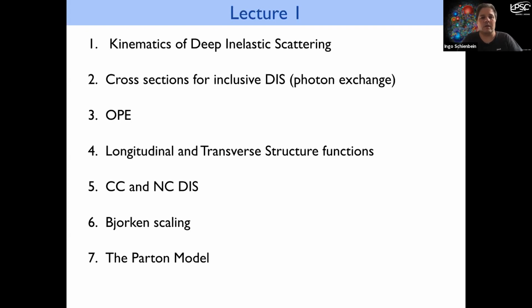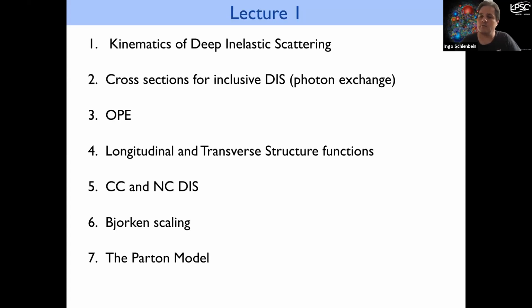In the first lecture, I will cover, first of all, the kinematics of deep inelastic scattering, and then we discuss the cross-section for inclusive DIS in the approximation that we only exchange one photon. I quickly say some things on the operator product expansion.